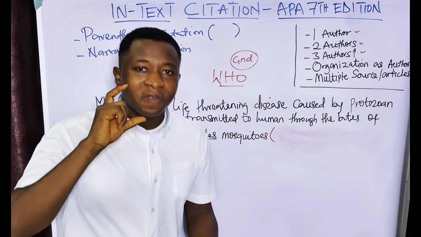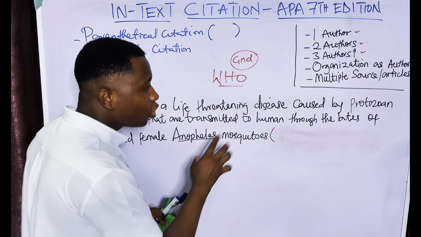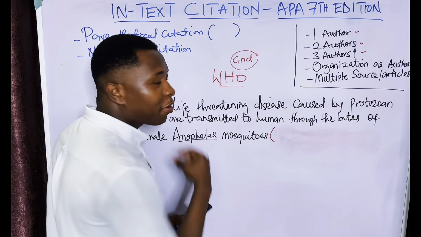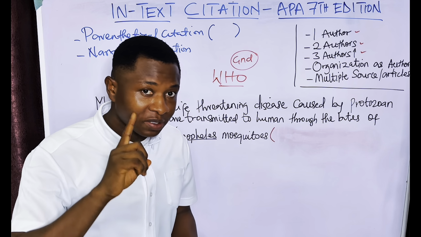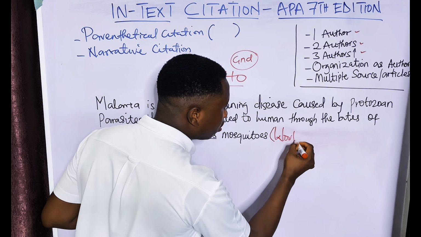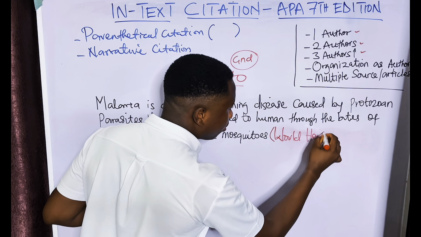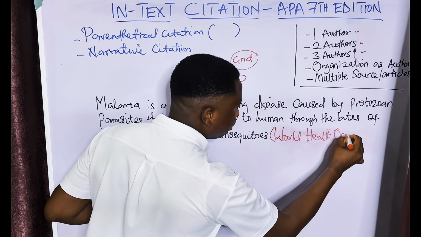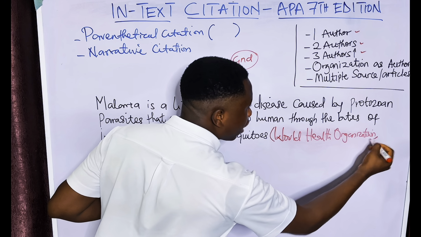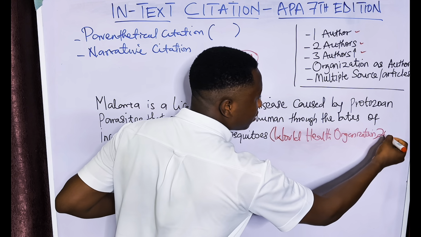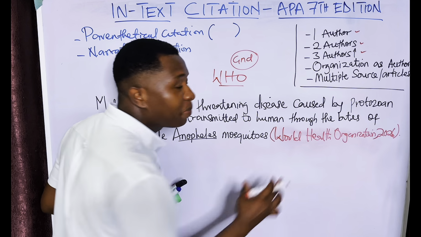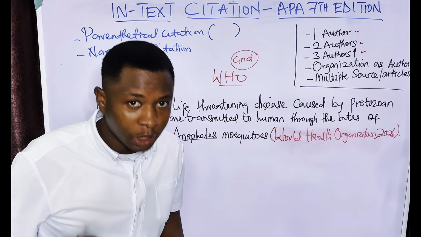If it's appearing for the first time in your text, you would have to cite it in full. So you don't use the acronym the first time. It will be World Health Organization, a comma, then the year 2026, full stop. That's how it will appear if you are citing for the first time in your work.